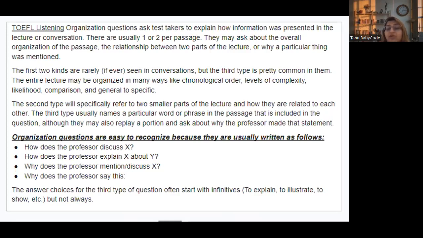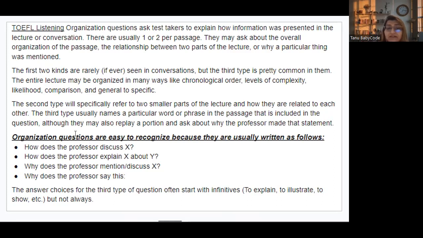The entire lecture may be organized in ways like chronological order, order of complexity, comparison, or general to specific. The second type specifically refers to smaller parts of the lecture and how they relate to each other. The third one usually names a particular word or phrase that is included in the question.